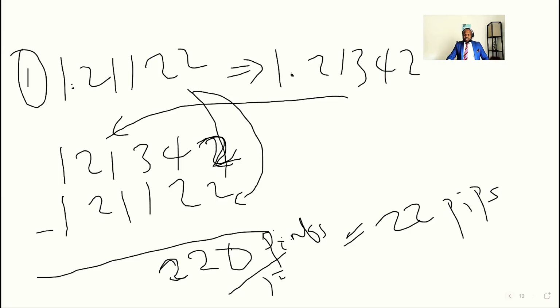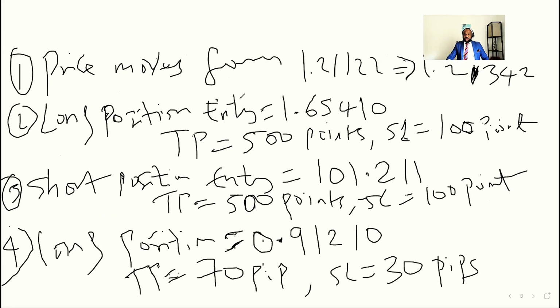The second one says that we should do a long position from an entry of 1.65410, and then we should target a take profit of 500 points and a stop loss of 100 points. So we don't need to do any conversion of pips here. We just go straight to solving it.